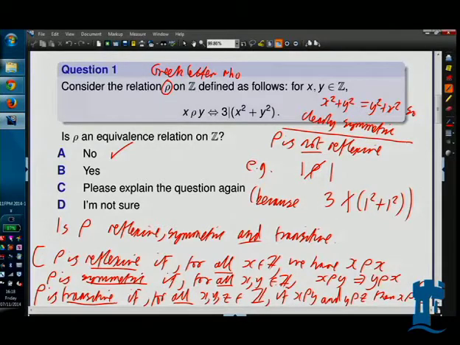But the transitive is far less obvious, and it turns out, I think I won't give you the details of this now, this is an exercise, that it's actually quite difficult for x to be related to y. It turns out to happen if and only if x and y are both divisible by 3. So here's an exercise: x is related to y if and only if x and y are both divisible by 3.